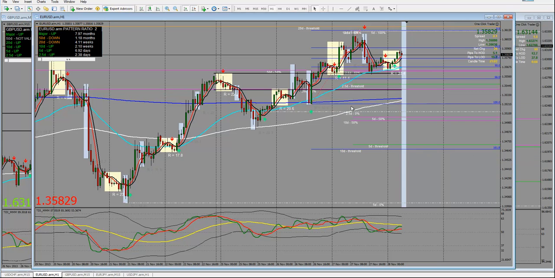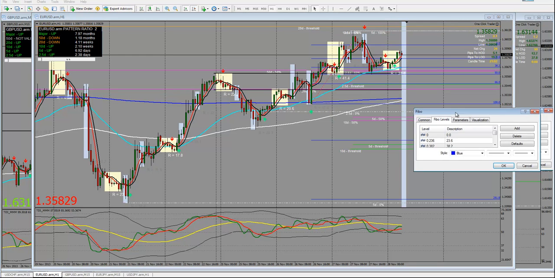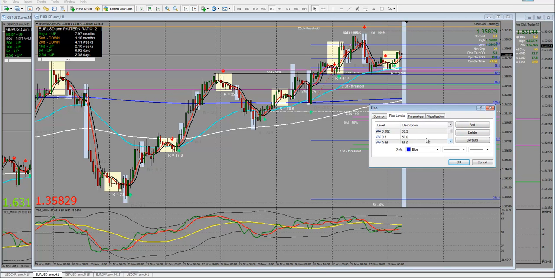Fibonacci, if I put dollar sign 660, if I put that one, that should give me the numbers.